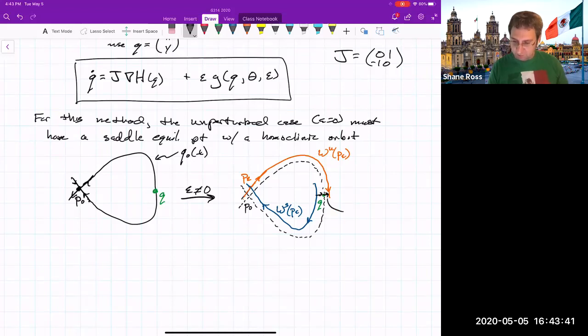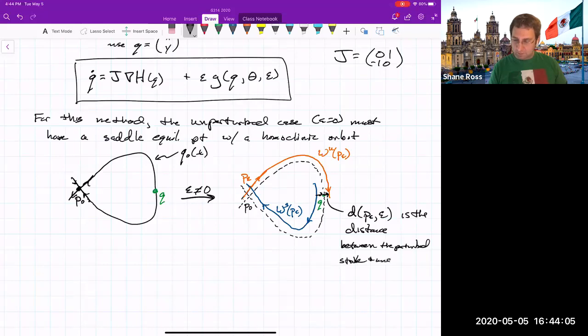D(P epsilon) is the distance between the perturbed stable and unstable manifold.